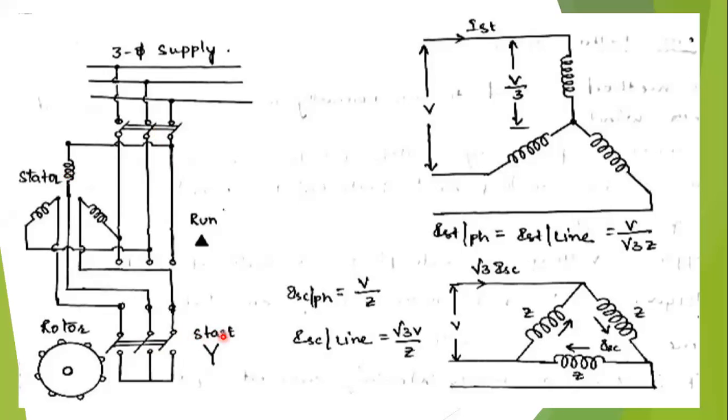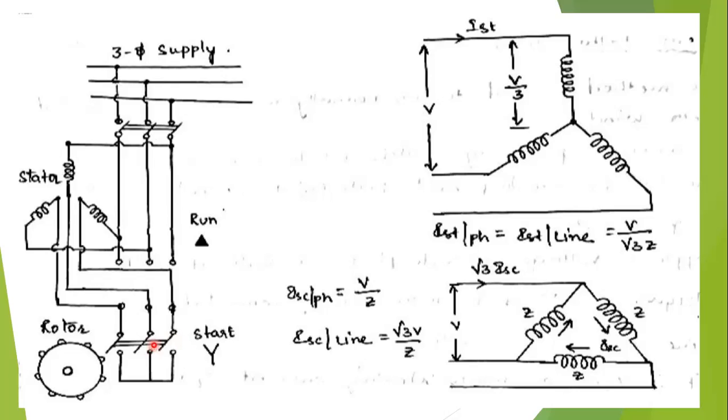At the time of start it is in star. At the time of running it is in delta. At the bottom I wrote start, star, delta, run. So at delta it is the running position, at start it is in star.